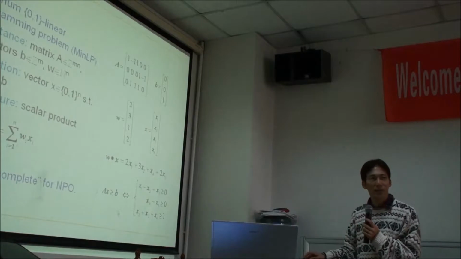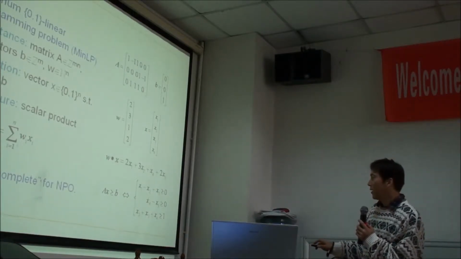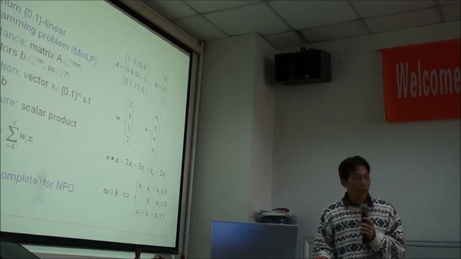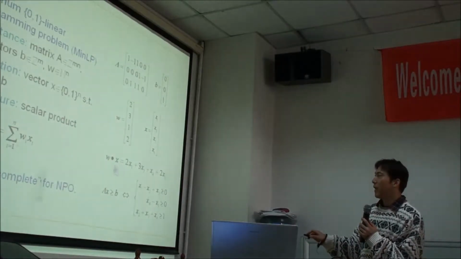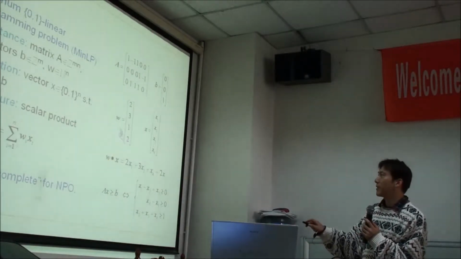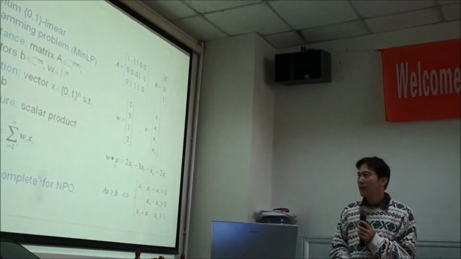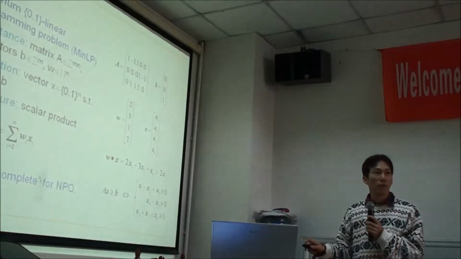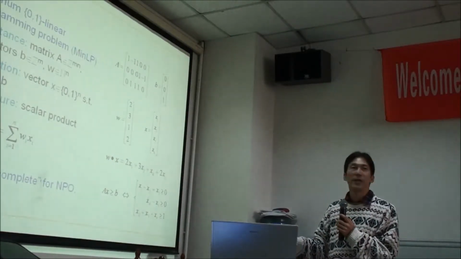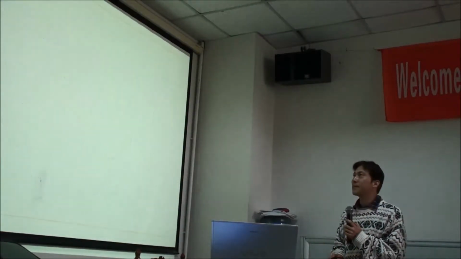So this is actually a set of linear inequalities. And we minimize the inner product of these two vectors, w and x. This problem is known to be complete for NPO, the whole class of NP optimization problems.